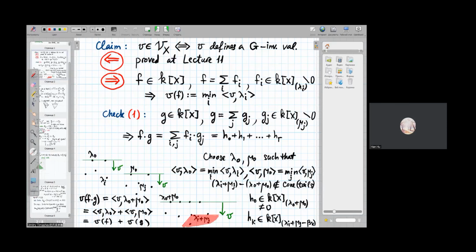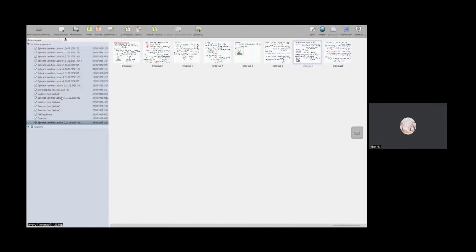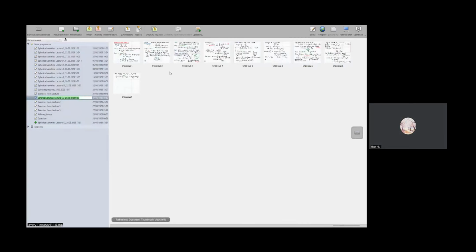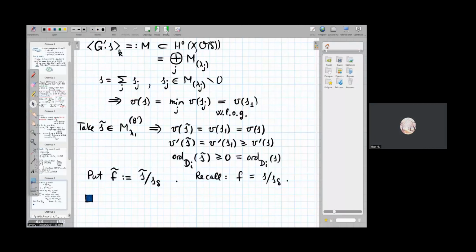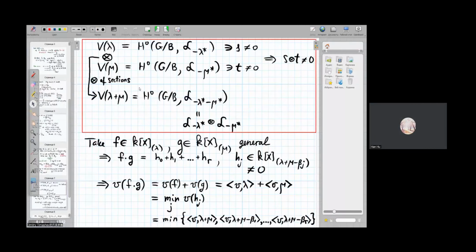Well, we discussed this actually in the previous lecture. Let me open the notes of the previous lecture and show you where we discussed this. It was here. The notation here is different: it is lambda and mu, and now it is lambda naught and mu naught. But you easily understand what is meant.